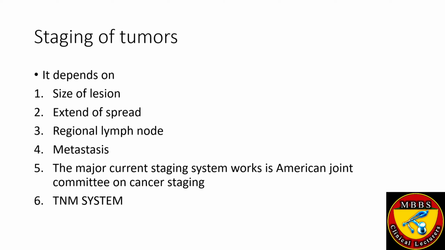And for the staging of the tumor, for these important parameters, we use the current staging system, which is the American Joint Committee on Cancer staging, and this system is denoted as capital T, capital N, and capital M. So this system is known as the TNM system.